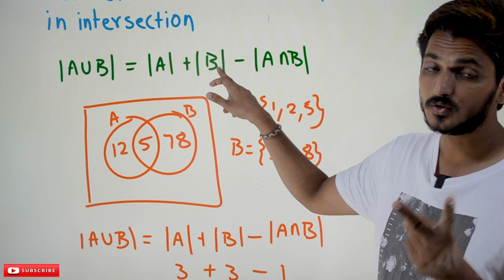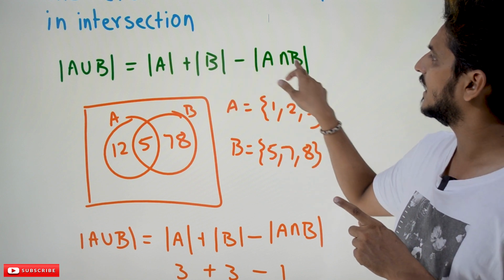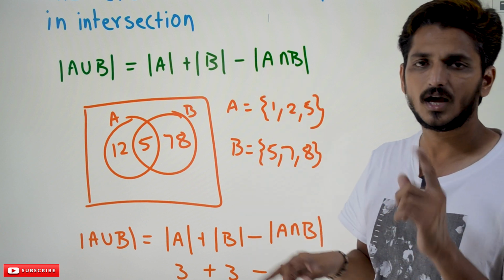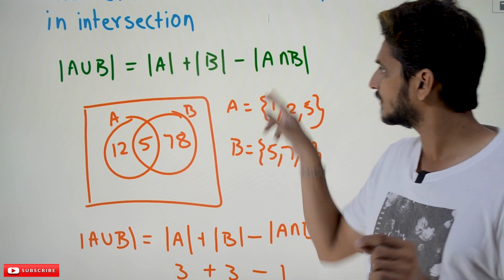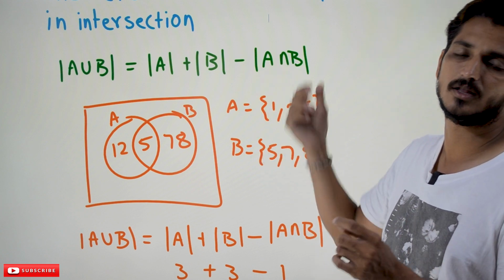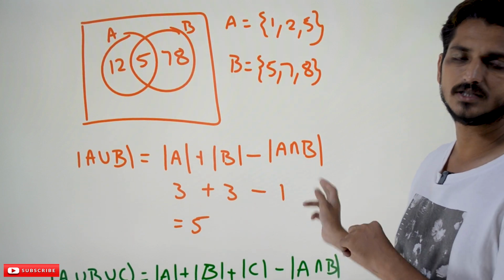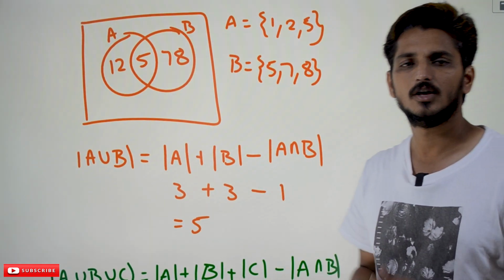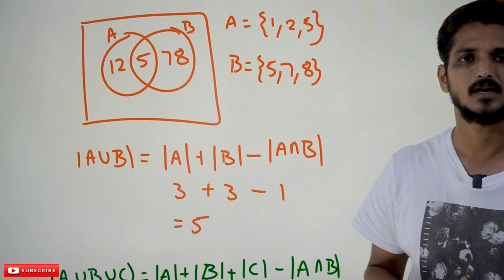So 5 is added 2 times, we should eliminate 1 time. That's why minus A intersection B. 5 is the intersection between A and B, so we remove 1 time. That's why it is 3 plus 3 minus 1, which is 5. So the total number of elements in A union B is 5 elements.